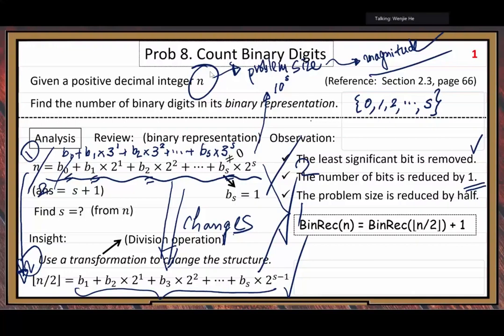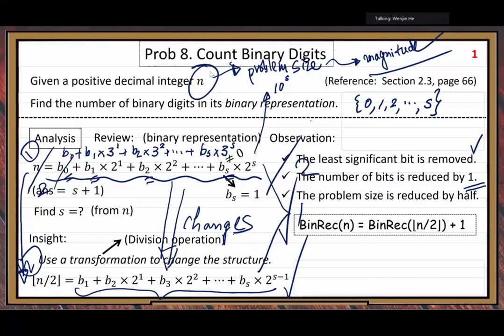The implementation code is very easy to write. But how to derive it? That's not easy, so we need to do a lot of analysis and apply our problem-solving skills.